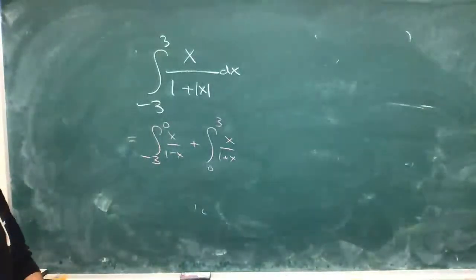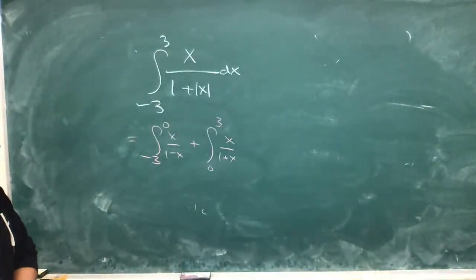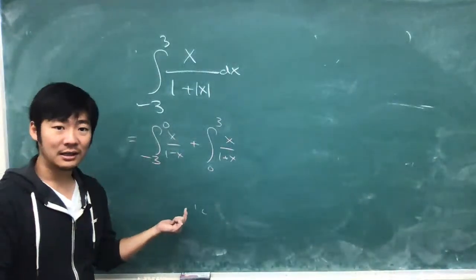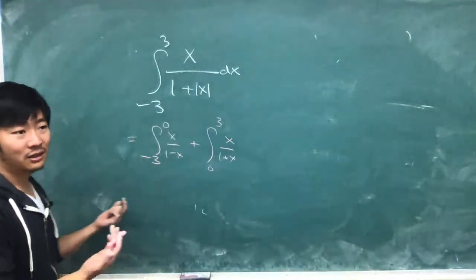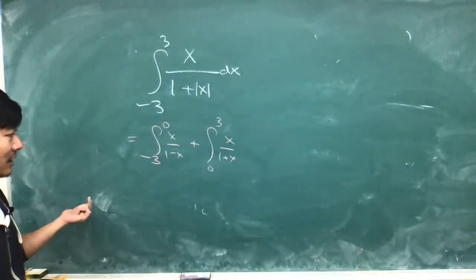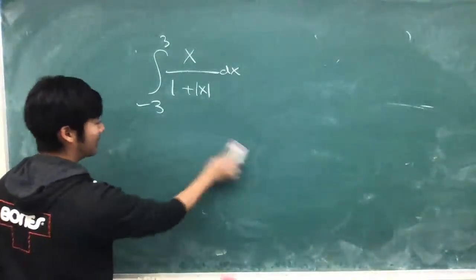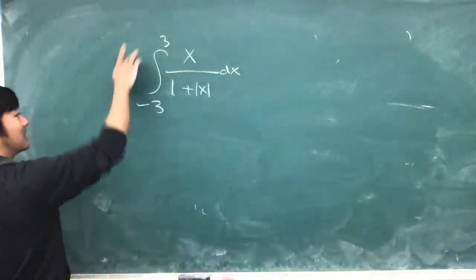And neither integral is super hard, but you have to use long division, two different long divisions, so it could take a while, but in principle, you can get an answer. But you don't need to do that because if you notice, we're integrating over a symmetric interval.